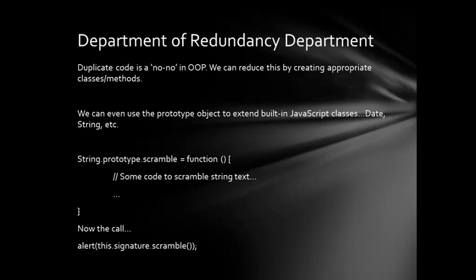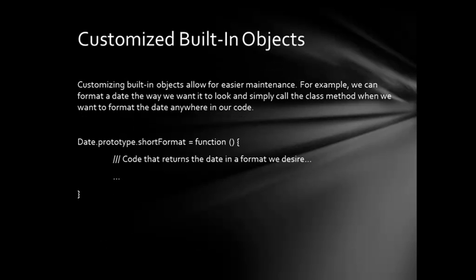We would build that code inside that function literal, and then bing bang boom, we now have extended the string prototype to scramble up letters. The way we would call that is like I have down at the bottom. I have an alert as an example. Let's say our string is a signature, this.signature.scramble method. So we can extend built-in stuff as well.